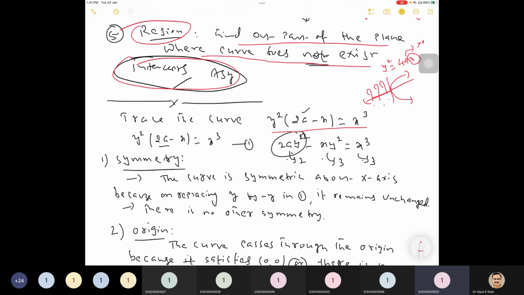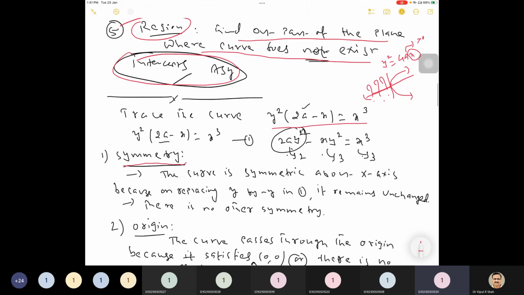Okay, so y square into 2a minus x equal to x cube. Okay, fine. Let us discuss first the symmetries. Now see, even power of y. So you can write the curve is symmetric about x-axis. Give the reason.